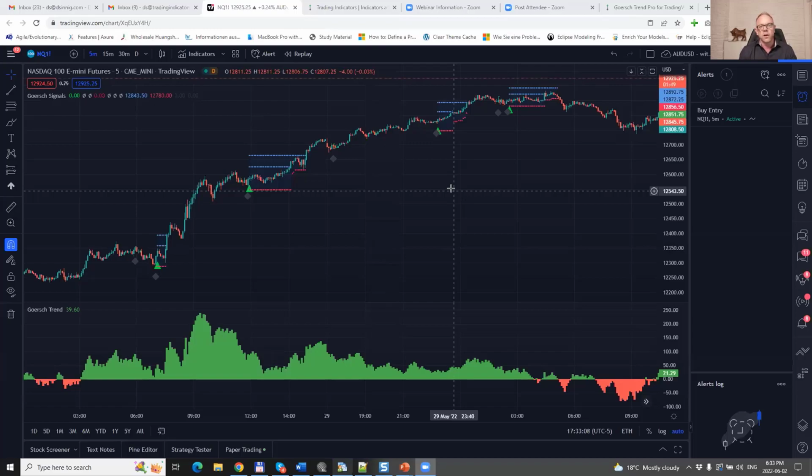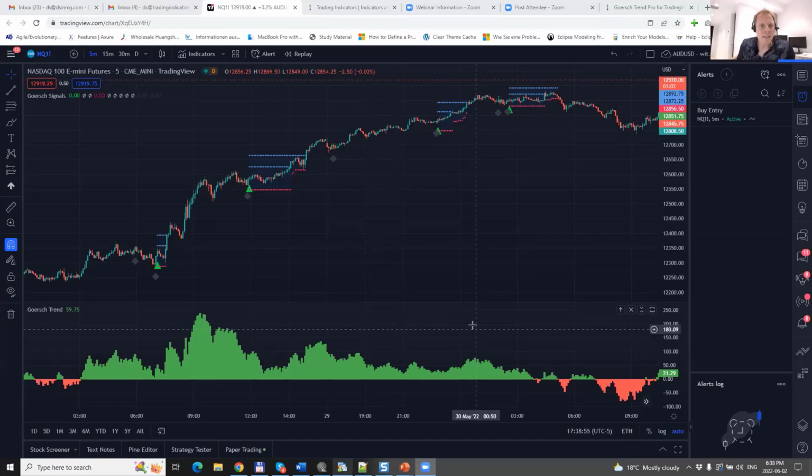So Martin mentioned that he uses this indicator primarily for trading stocks, equities, and indices on the daily time frame or on the 4-hour time frame. And this is a great use case for this indicator. But this indicator and the signals can also be used on much lower time frames, for example, for scalping or day trading purposes.